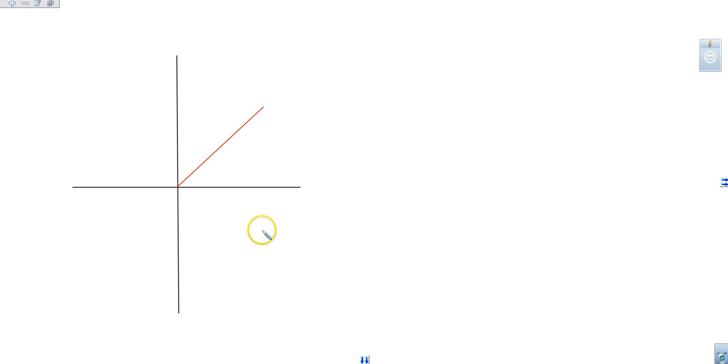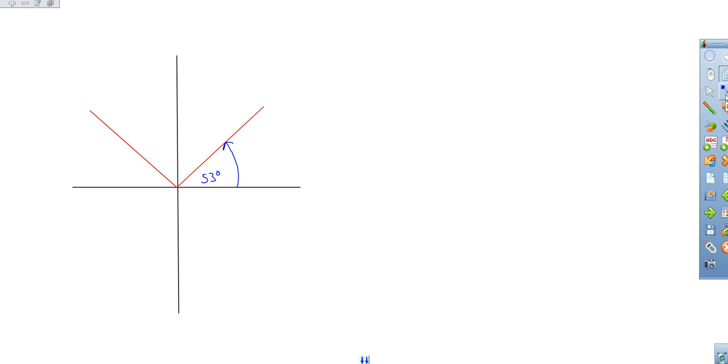Okay, so if we consider this drawing that I have right here, so let's say that this first measurement that we have is 53 degrees. Because the sine ratio is positive, I know that it could also happen in quadrant number 2.